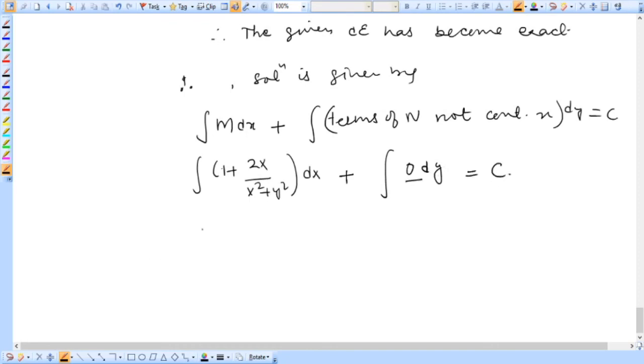So now integrating this, (1 plus 2x over x square plus y square) dx is equal to c. Integrating this term yields our solution, right?